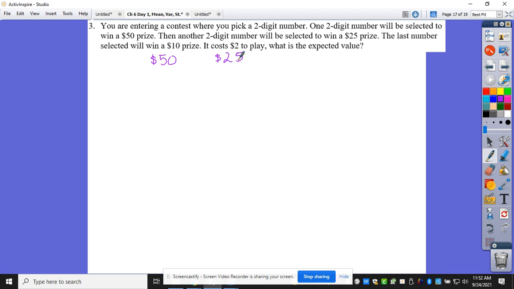Here, I usually do a label and a winnings, but your winnings kind of is your label.